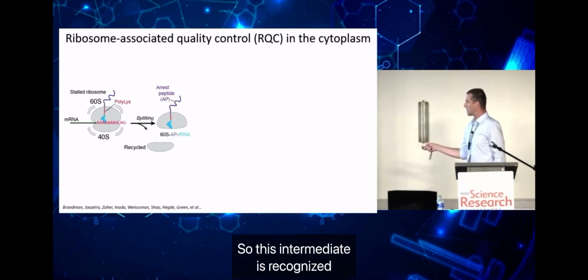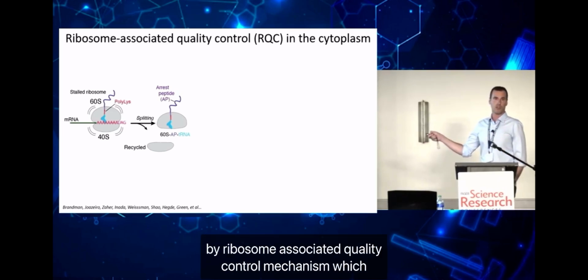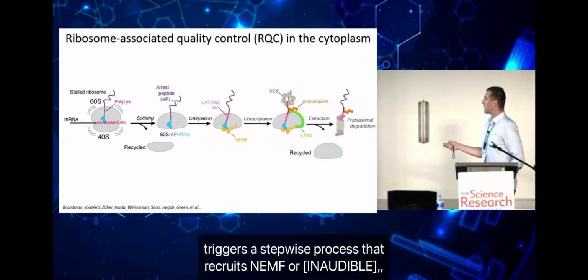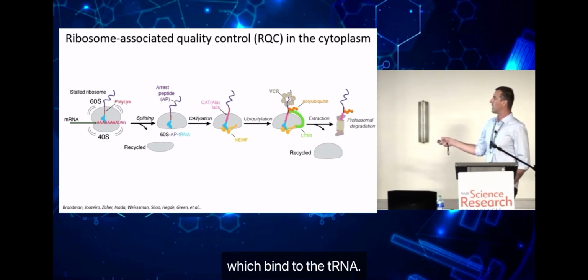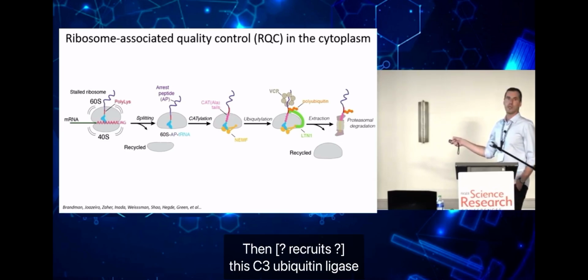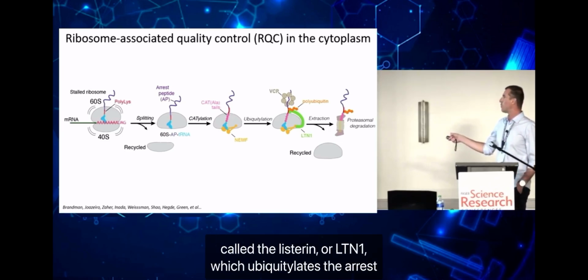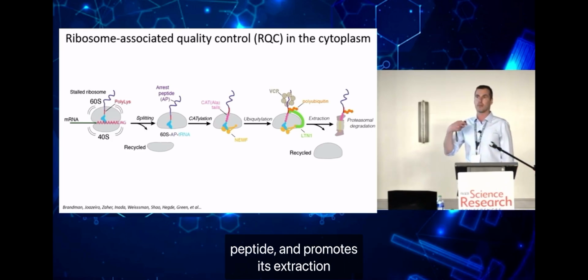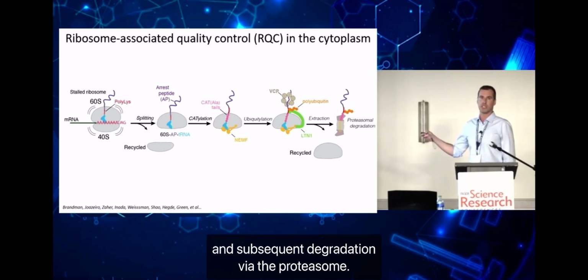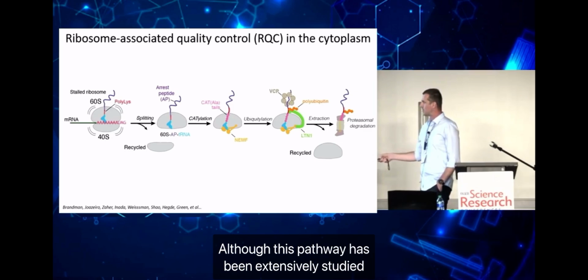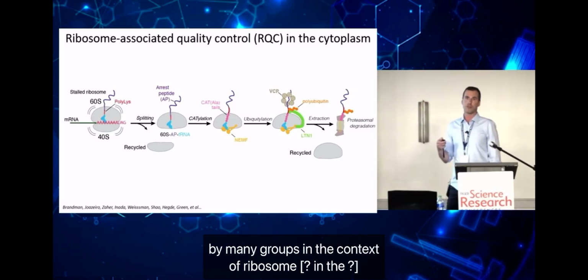This intermediate is recognized by the ribosome-associated quality control mechanism, which triggers a stepwise process that recruits NEMF, or Rqc2 in yeast, which binds to the tRNA, and then recruits the E3 ubiquitin ligase called Listerin, or LTN1, which ubiquitinates the arrest peptide and promotes its extraction and subsequent degradation via the proteasome.